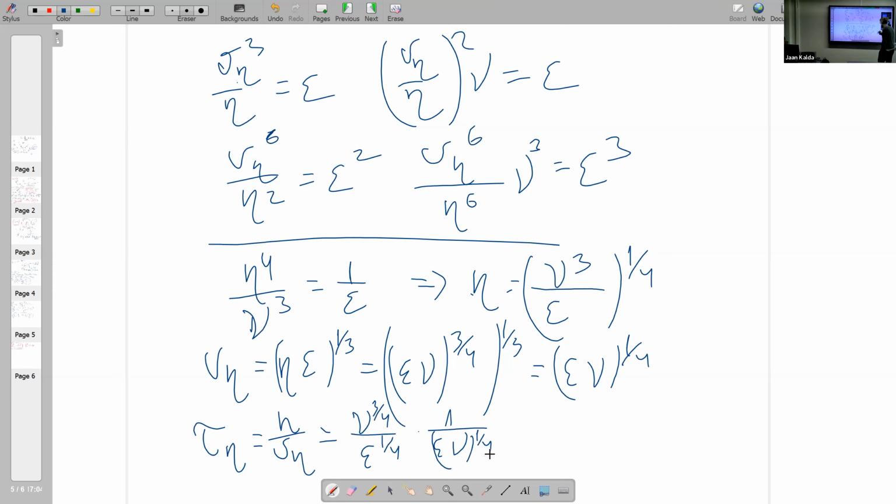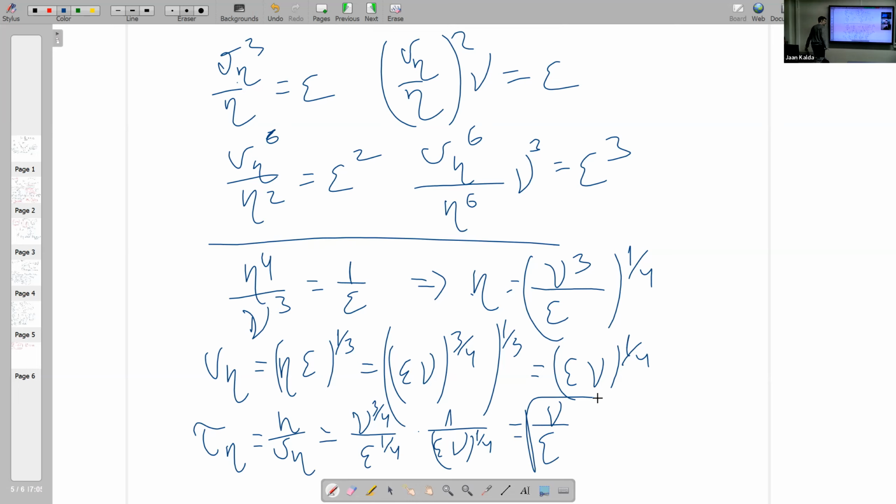This thing here is going to be epsilon to 1/2 and nu to the power of 1/2. So we have nu divided by epsilon, square root. All right, and that more or less closes the microscale topic.